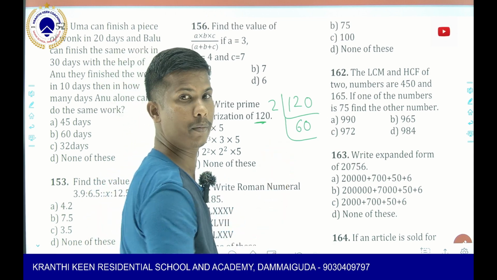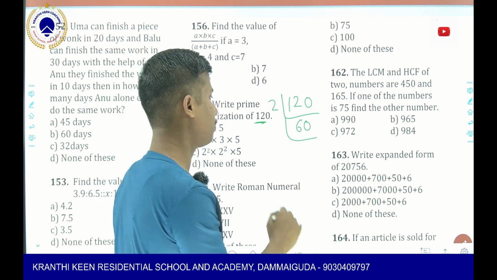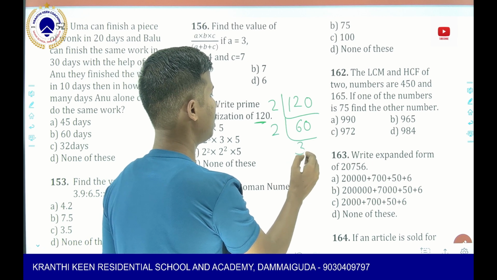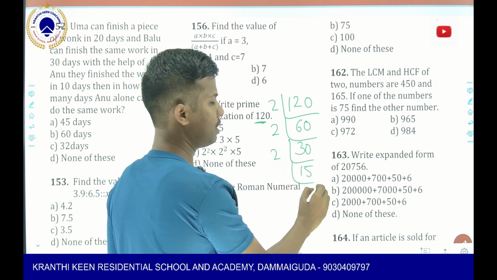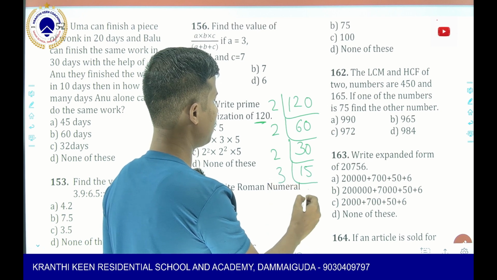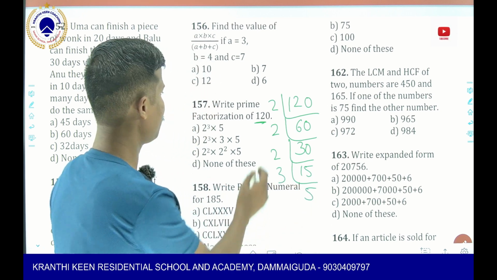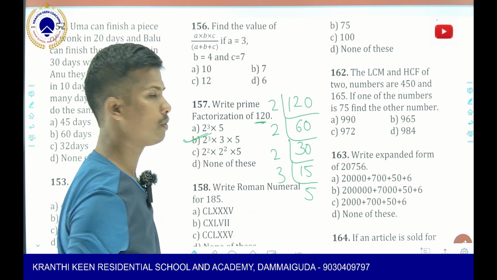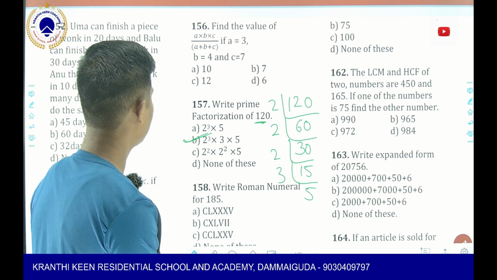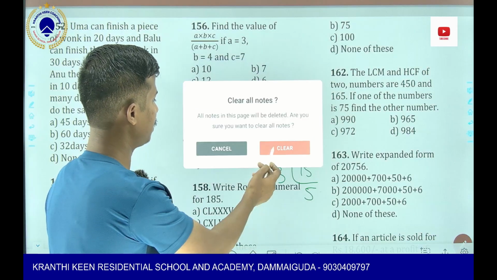That means all the numbers should be prime numbers only. Here 60 is not a prime number, therefore we will do again 2 30s, 2 15s. Next, 3 5s. That means you will get 2 cube into 3 power 1 into 5. This is the correct answer for question number 157.